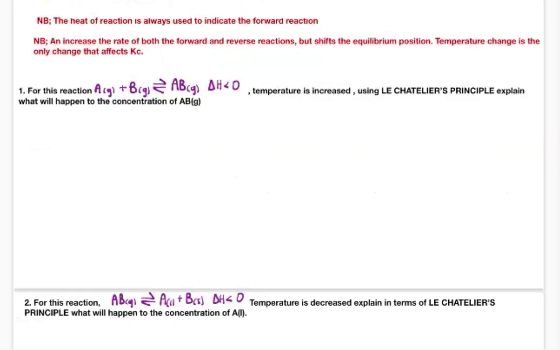So when you increase the temperature and when you decrease the temperature, both the forward and reverse reactions' rates will change, but the equilibrium will shift. When you talk about the equilibrium shift, we're going to talk about favoring the reverse or the forward reaction. The temperature change is the only change that can affect Kc. So what is Kc? Kc is the equilibrium constant. We're going to talk about Kc again.